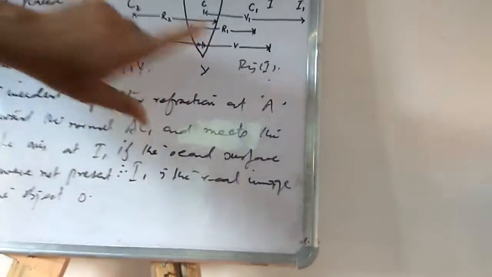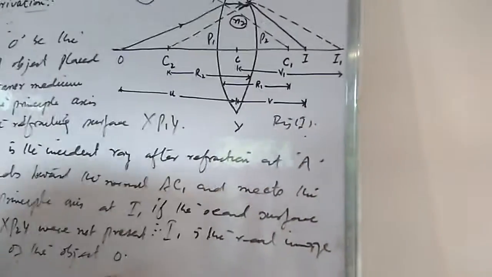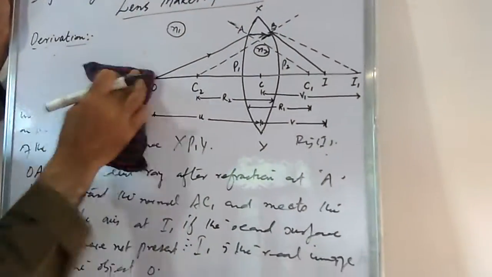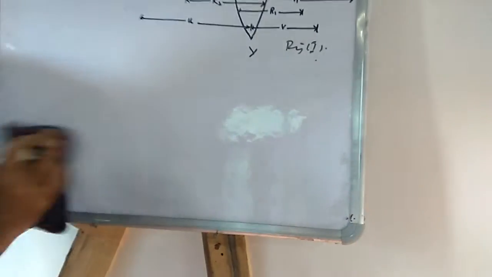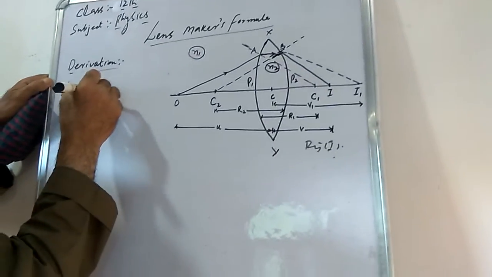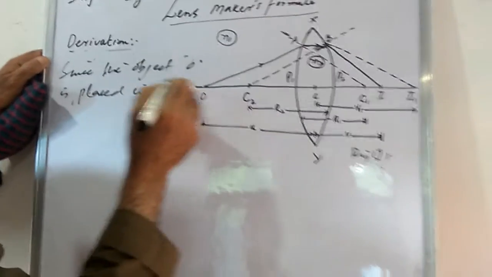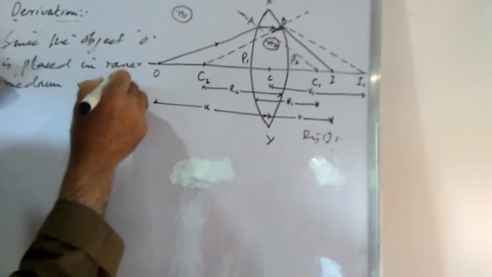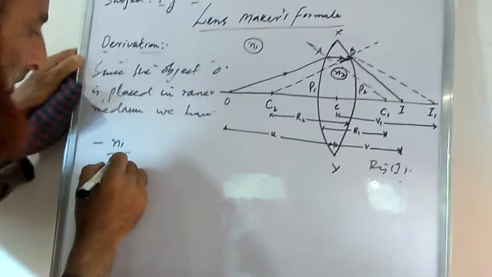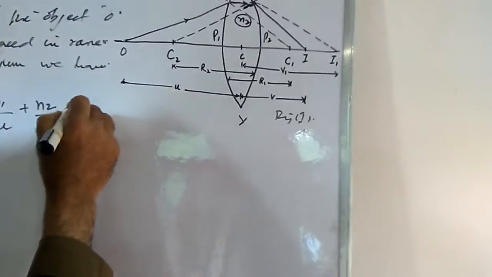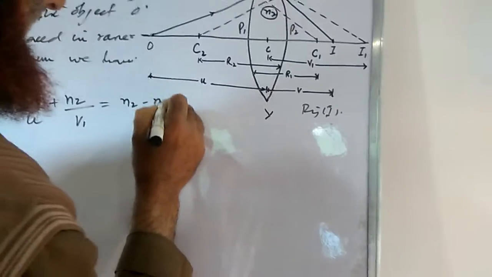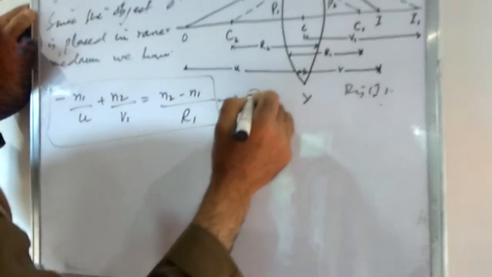We derived in the previous class that for refraction at a spherical surface, when the object is placed in the rarer medium and the image is formed in the denser medium, we have the relation: minus n1 by u plus n2 by v1 is equal to n2 minus n1 divided by r1. Mark this equation as equation first.